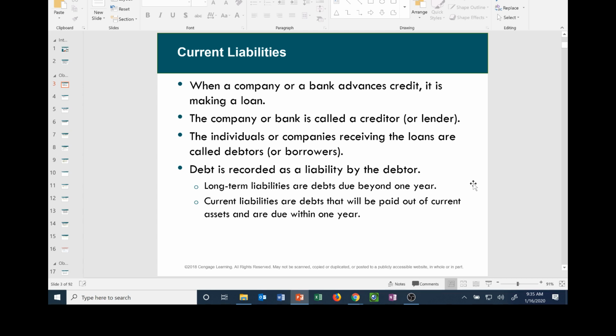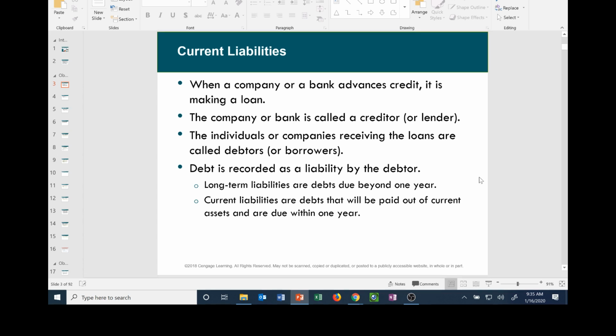All right, when a company or bank advances credit, it's making a loan. It would be a short-term loan. The company or bank is called a creditor or lender, and you would be the borrower. Debt is reported as a liability. Long-term liabilities are over a year, and current liabilities have to be paid in less than a year.